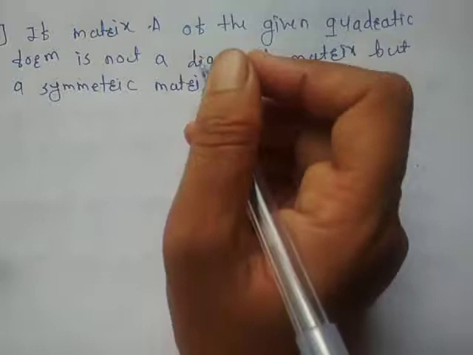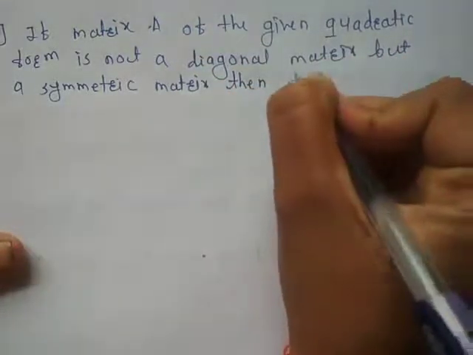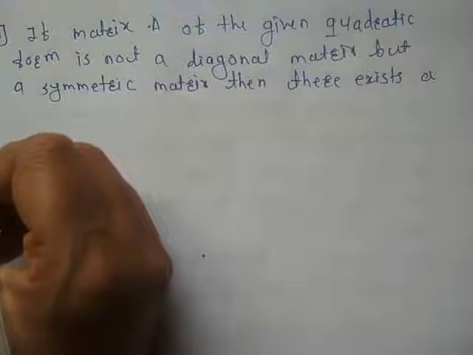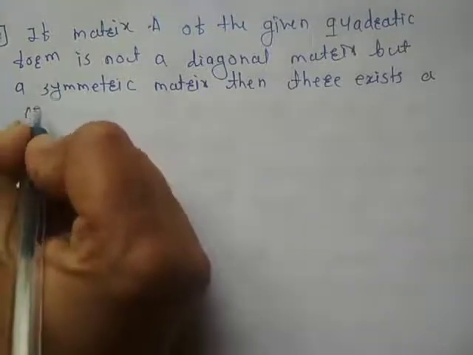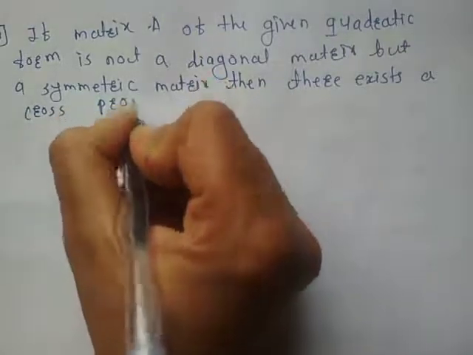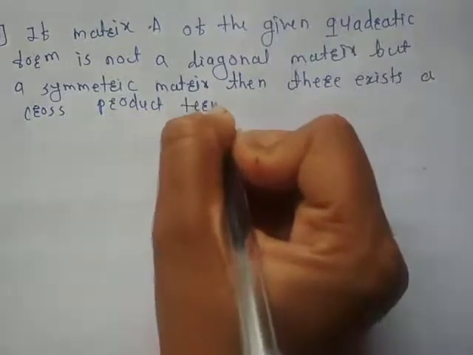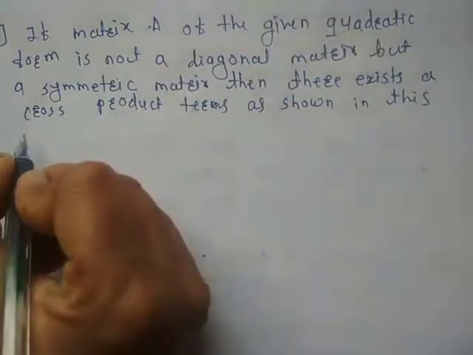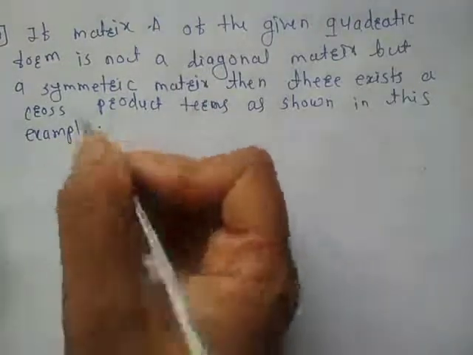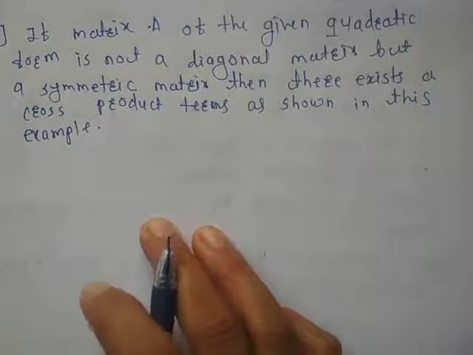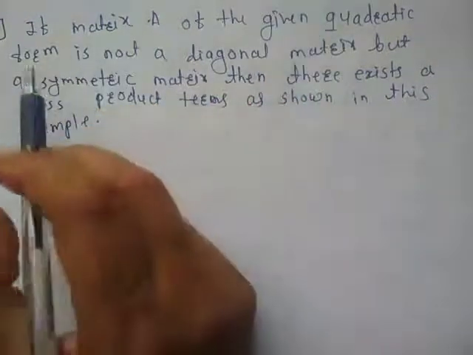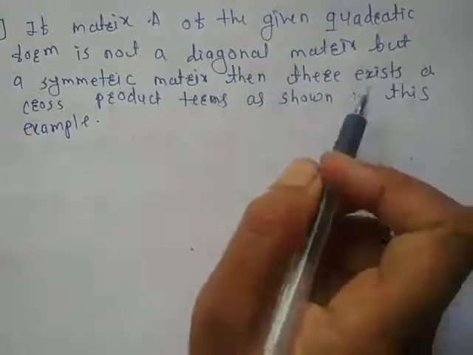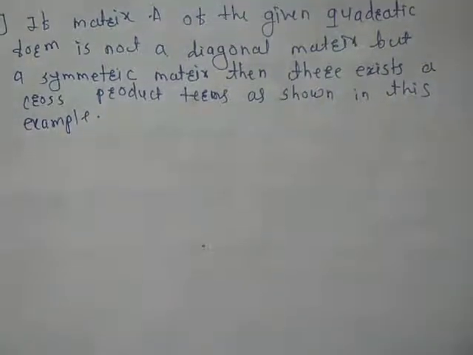If matrix A of the given quadratic form is not a diagonal matrix but a symmetric matrix, then there exist cross product terms, as shown in this example.